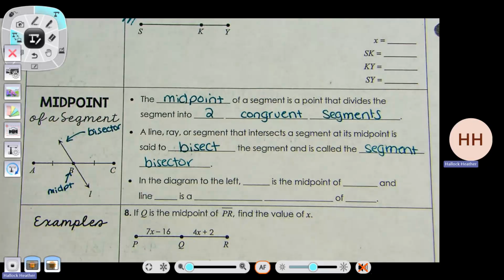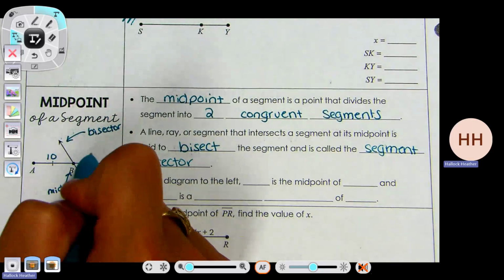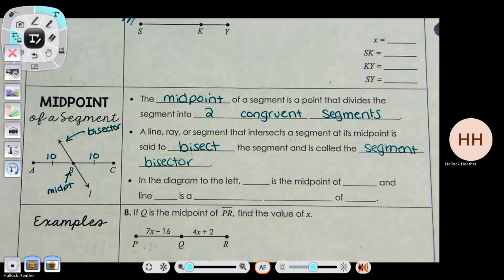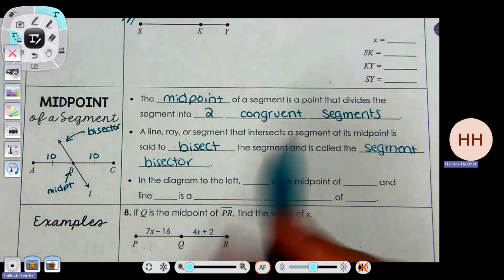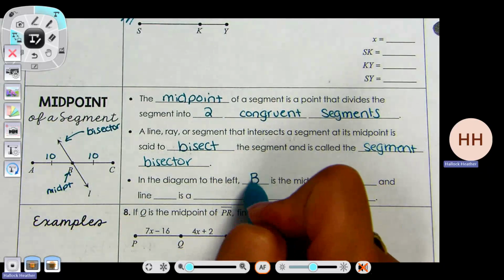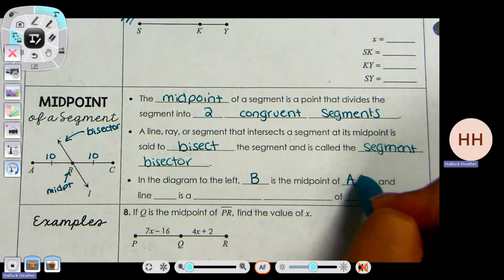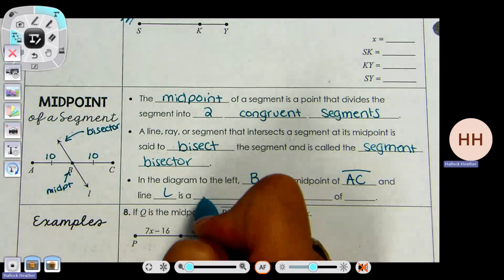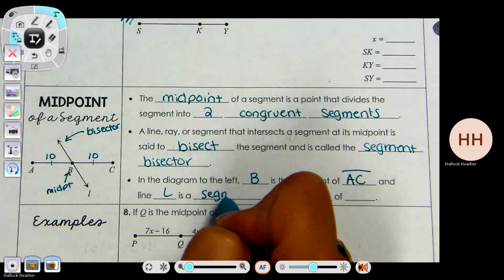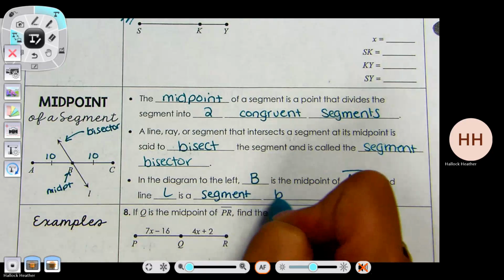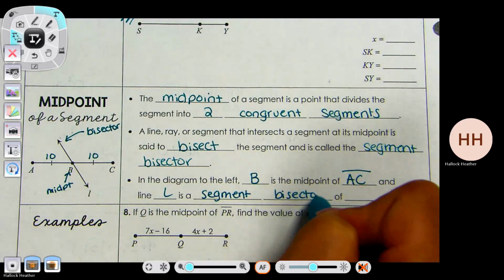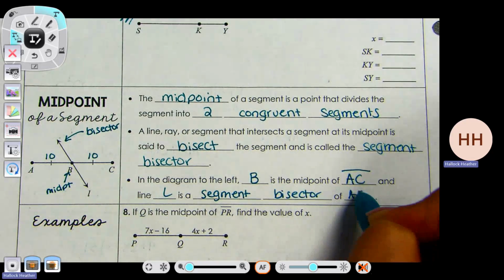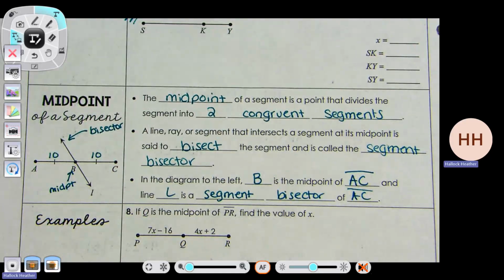So basically, if this side was 10, this would also be 10. They match. So in the diagram to the left, B is the midpoint of AC, and line L is the segment bisector of AC.